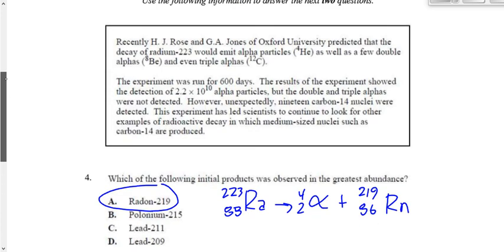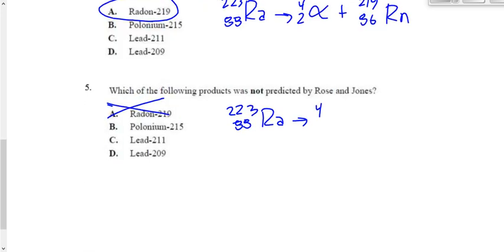It's beryllium-8. I think that's atomic number of 4, isn't it? Yes? Plus, what, 223, 8 plus 215, 4 plus 84. I assume that's polonium. Is that polonium? It's atomic number 84?